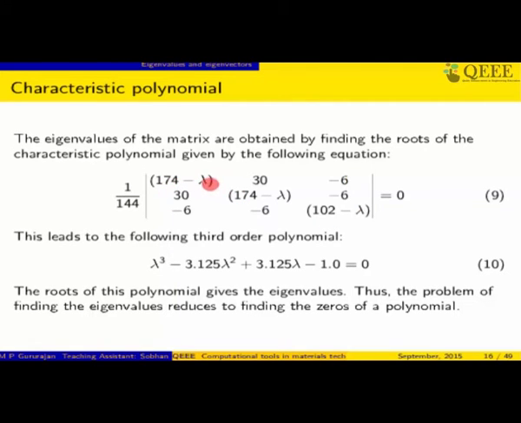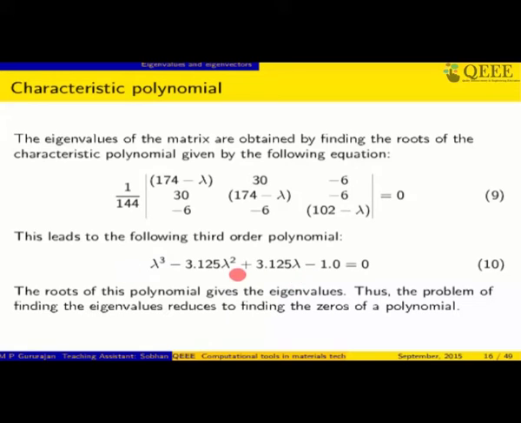I is the identity matrix, so it will have only diagonal terms. So minus lambda I means minus lambda on these parts, and take the determinant equated to 0. If you do that, you can check the algebra, you get this third order polynomial: lambda cube minus 3.125 lambda square plus 3.125 lambda minus 1 equal to 0.